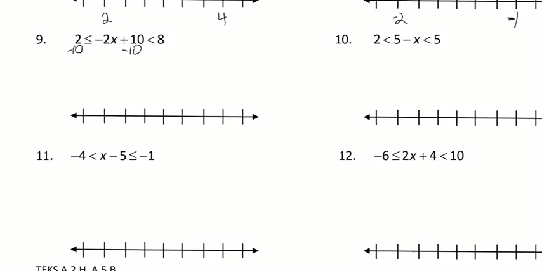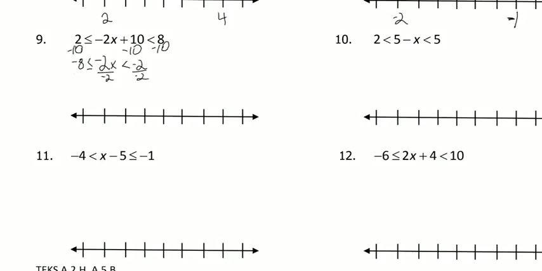and here. So that's 2 minus 10, which is -8, which is going to be less than or equal to -2x, which is less than 8 minus 10, which is -2. And now we're going to divide by -2 everywhere.